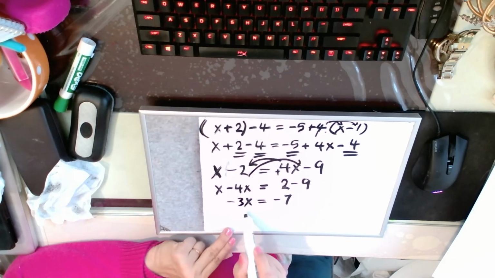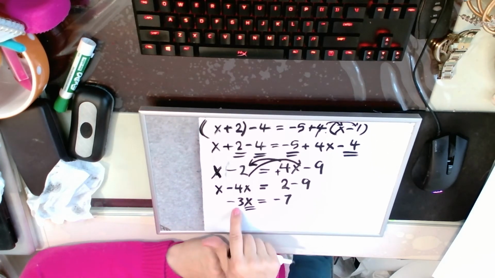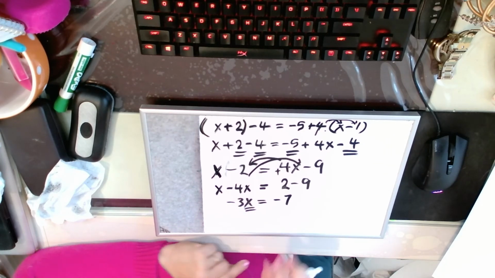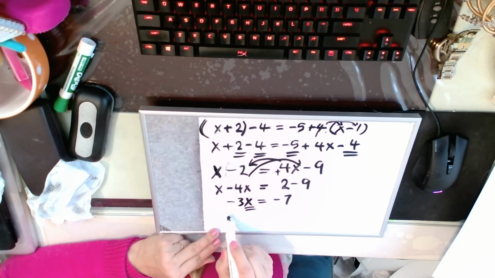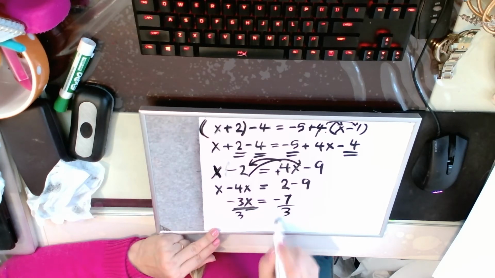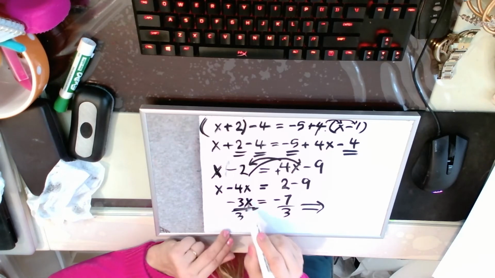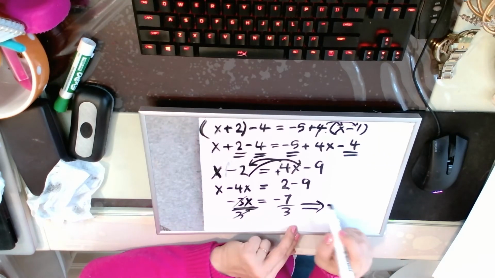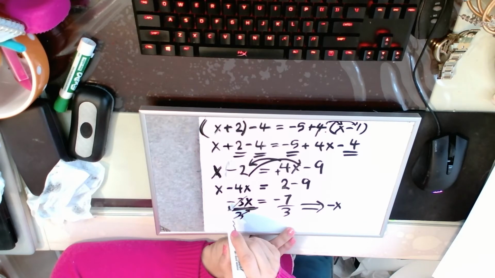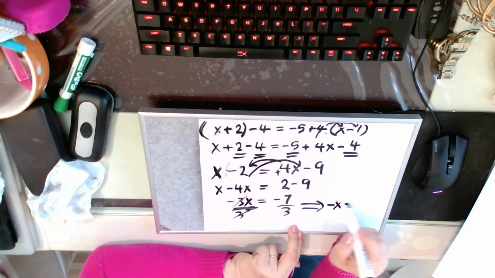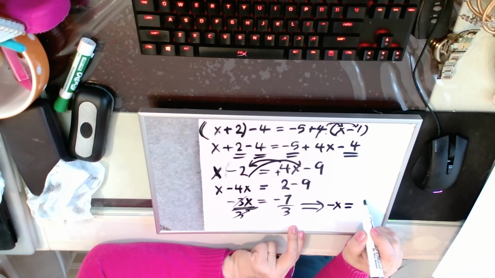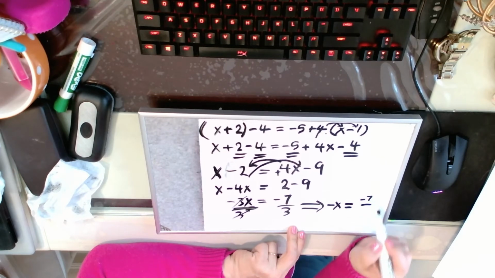Now we need the value of x, 3 times x, so we're going to divide both sides by 3. So this one goes with 3, but it's minus x, remember that, don't forget this sign, equals minus 7 over 3.